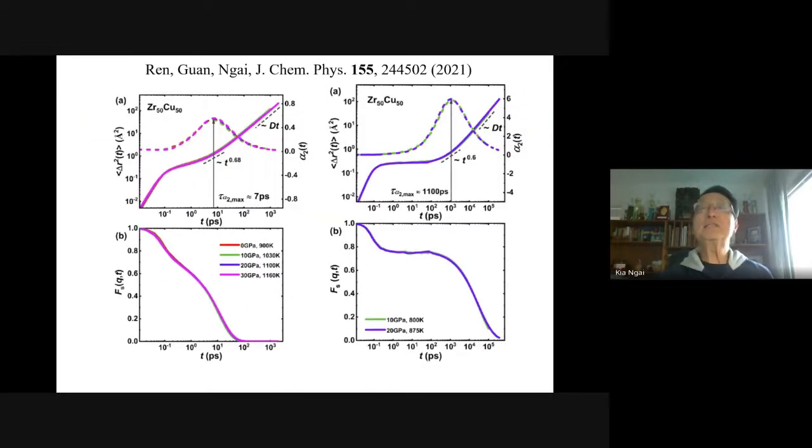This one I just did last year with our friends in China, and this is a metallic alloy, zirconium copper, and again this is a liquid now. You see in here on the top you have the mean square displacement, which is the thicker line, and the dashed line is the non-Gaussian parameter alpha 2.